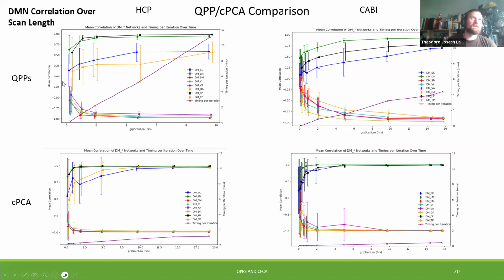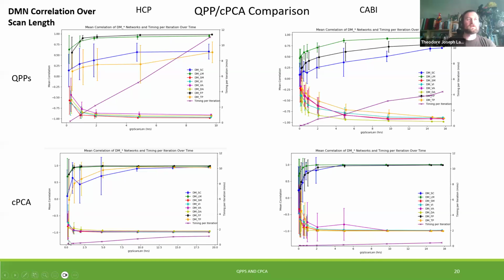This is just some preliminary results of how long group scans need to be versus the mean correlation between the default mode network and these other networks. Here I've also timed it, since we're taking a Hilbert transform as well as PCA, it is cubic in time complexity.